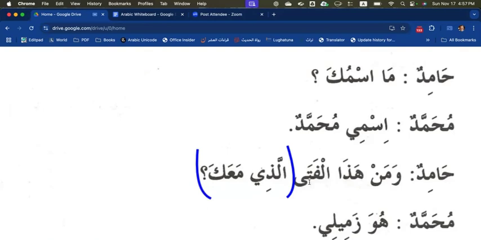A young teen. You can just say a teenager is a fata. That's a boy. And for female, it's fatah with the ta marbuta at the end: fa, ta, alif, and ta marbuta.